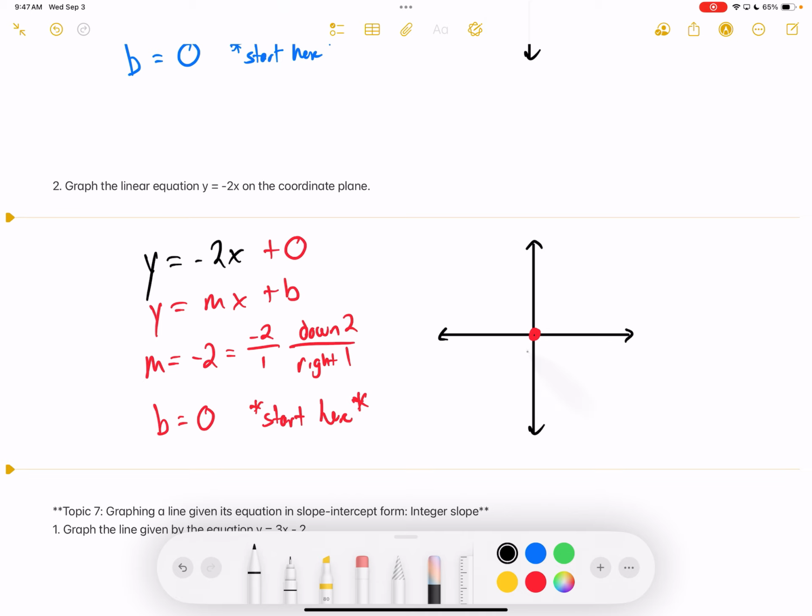Then I'm going to do what my slope says. It says down 2 to the right 1. So I go down 1, 2 to the right 1, and I can draw my line. So once again, I started at 0, 0, and I go down 2, because it's negative, and to the right 1. Positive up, negative down, always go to the right.